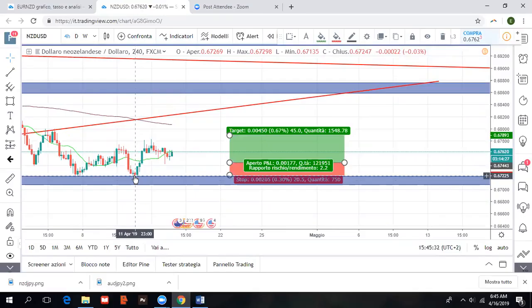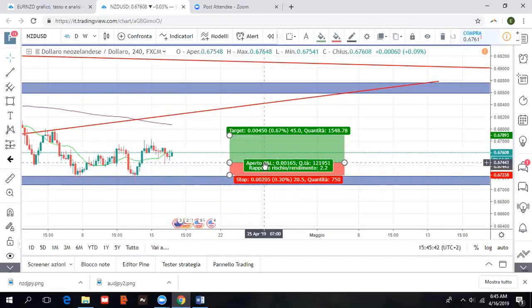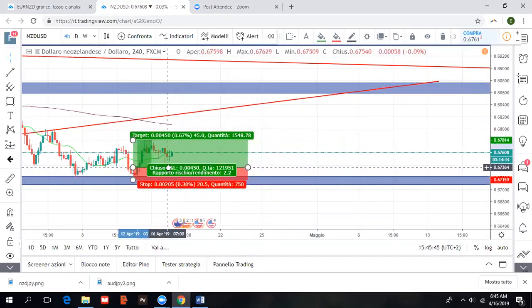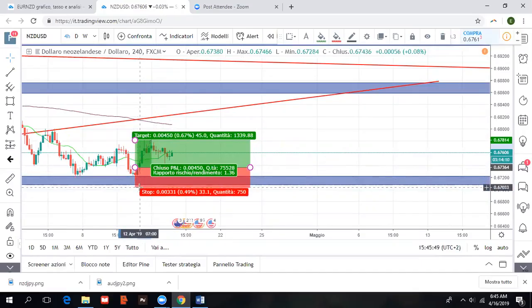See this one right here, and there was a signal of price action that we could enter a trade. If you wanted to be more sure, you could wait the second 2-hour candle and enter right here, but that's your choice. And obviously it changes your stop loss, because if you enter at this point, your stop loss needs to go below the support area, and therefore it will be of 30 pips.